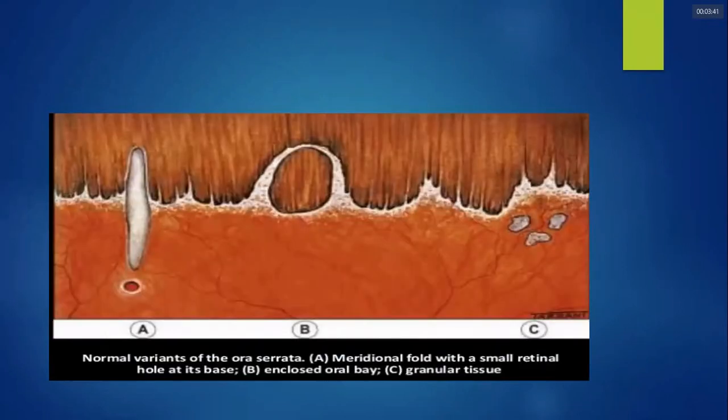So you can see over here the nasal ora serrata which is dentate, and a meridional fold, and at the end this is a small hole. So number B, this is the enclosed oral bay, and this is a granulation tissue.